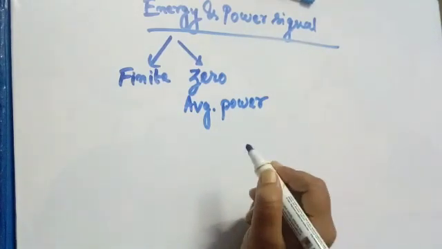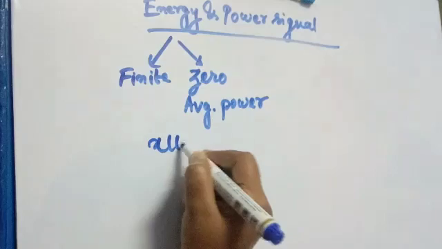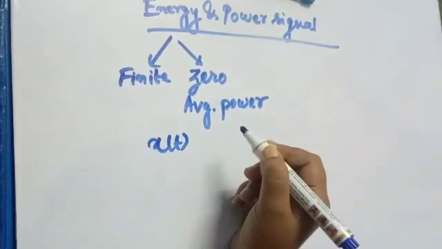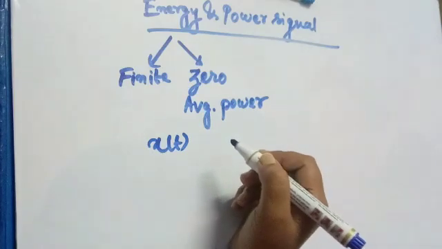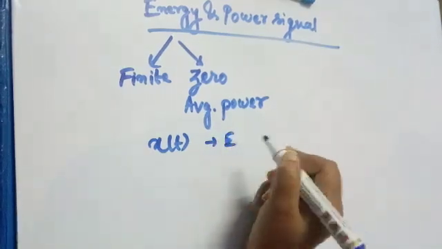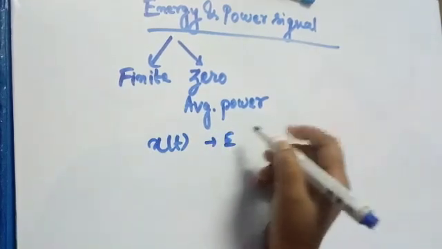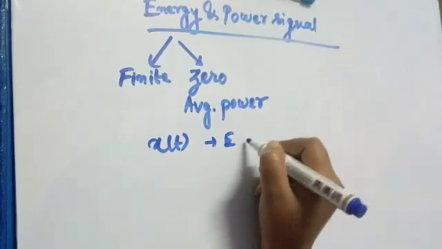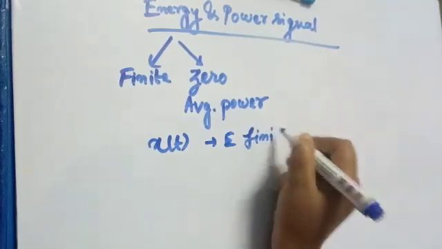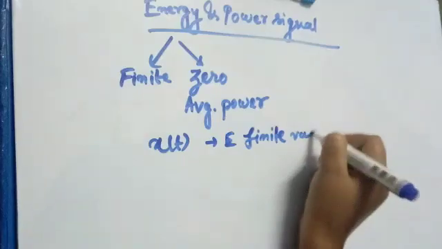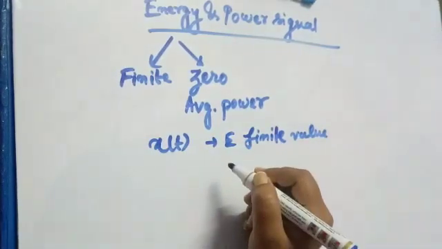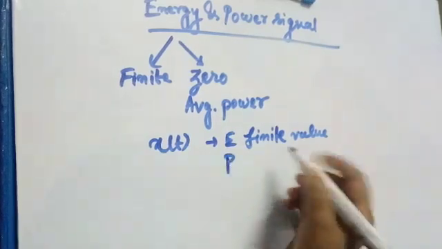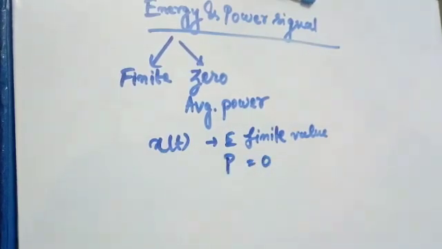Hence, a signal x(t) is an energy signal if it has an energy, which is denoted by E, of finite value, and it has an average power which is zero.